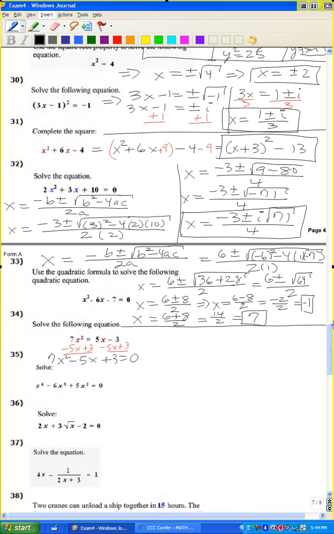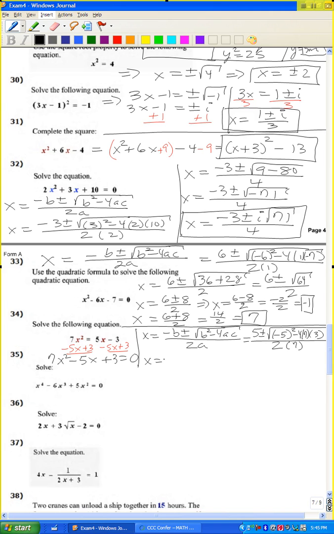And so by the quadratic formula, I have x equal negative b plus or minus the square root of b squared minus 4ac all over 2a.